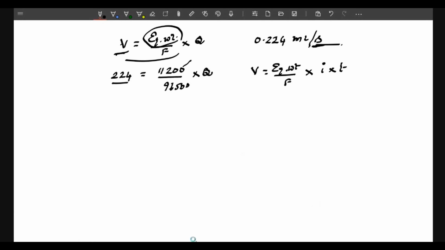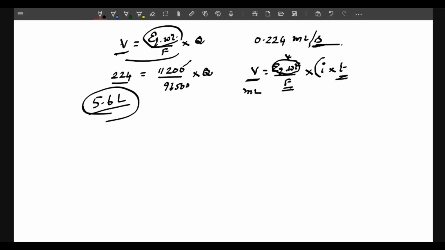And the volume is 0.224 ml of oxygen. Therefore, equivalent weight should be given in terms of the volume. You know, 5.6 liter is the equivalent weight of oxygen in terms of the volume. Here it is given in ml, therefore the equivalent weight should also be given in ml. You know the value of F and you know the value of T. Now you have to find out the I alone.